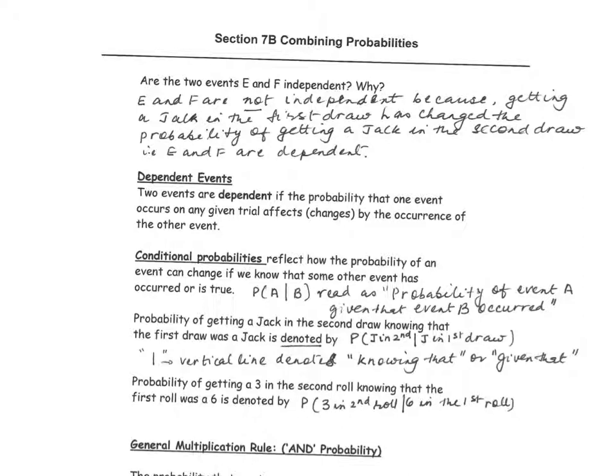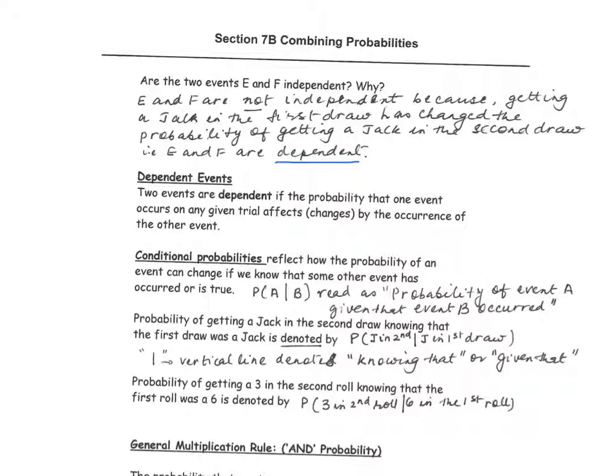So in example 2, when the card is not replaced in the deck after the first draw, then what happens in the second draw depends on what happened in the first draw. So the events E and F, that is getting a jack in the first draw and getting a jack in the second draw, are what we say dependent.